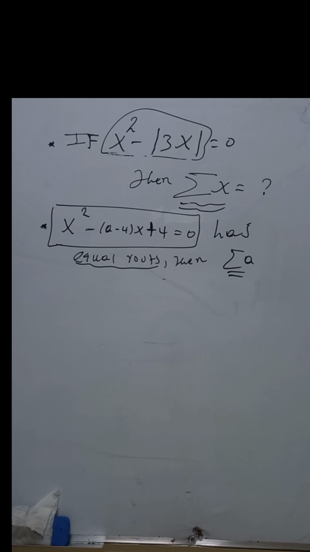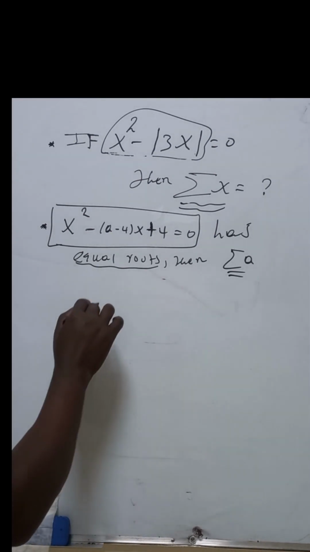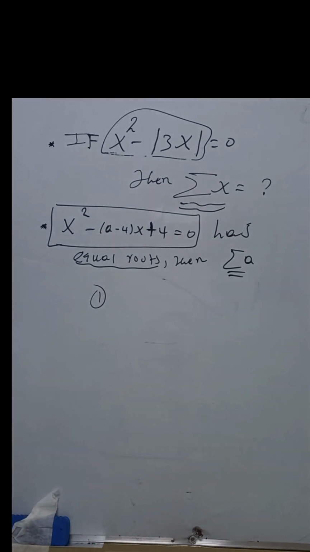If the quadratic problem has one root or equal roots, one root means a repeated root. That means the two roots are the same, so the problem will have one root. Therefore, you know that we have three different cases for any quadratic problem.